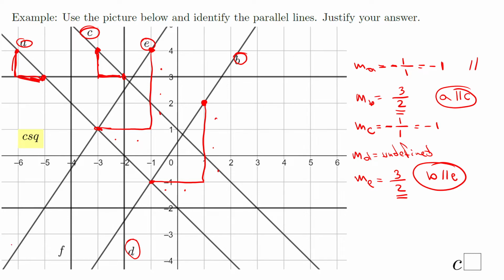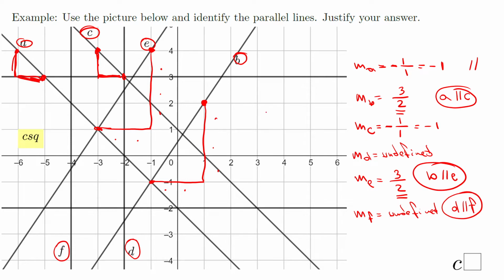We have one more here, line F, which is a vertical line. The slope of line F is undefined. So D and F are parallel lines. Vertical lines are always parallel, and we have 2 horizontal lines.